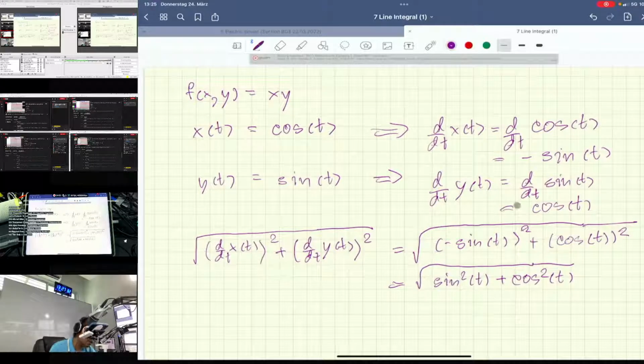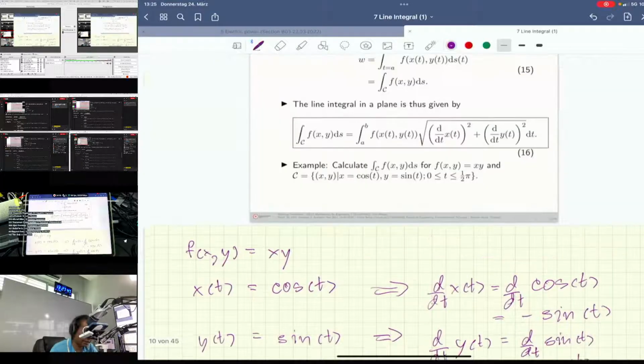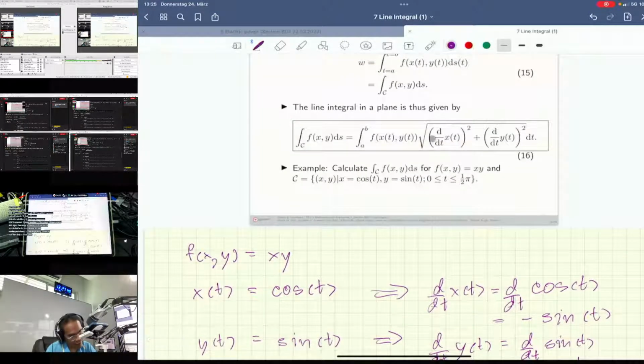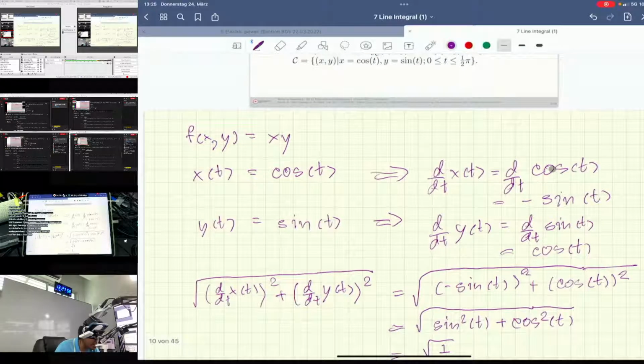And from the trigonometric identity, we know that sine squared plus cosine squared is 1, right? So this is the square root of 1, and it's actually 1. So this big term remains 1, and we don't need to worry about that.